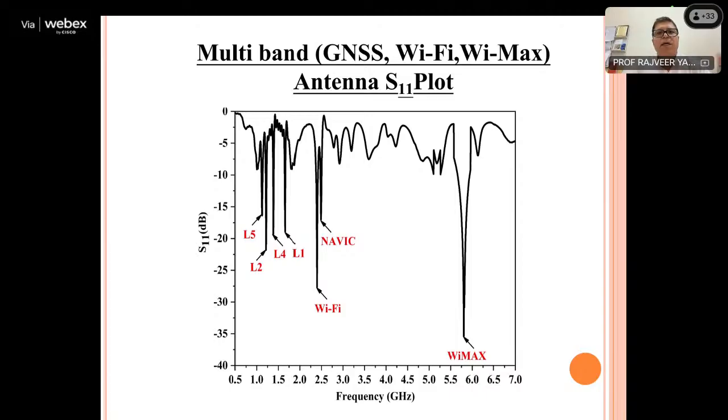This is our achievement, that we are able to propose an all-in-one antenna which will be utilized for all navigational needs, maybe for autonomous vehicles, aeroplanes, watches, or any IoT device.